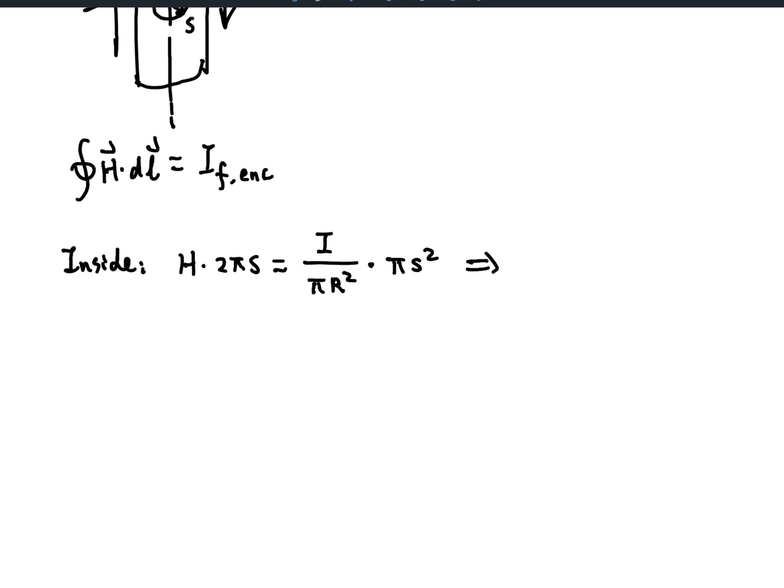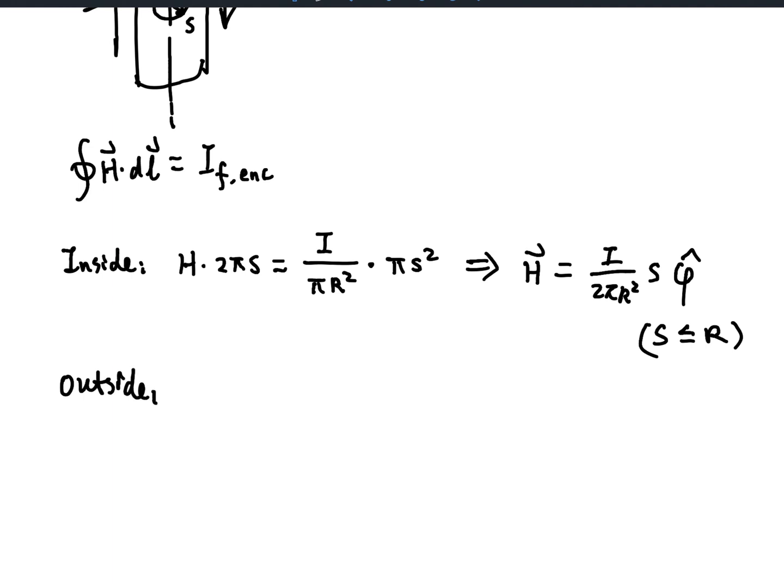From here, we can find that H is I divided by 2 pi r squared, times s, and the direction is the phi hat direction. This is the inside, where s is less than r.